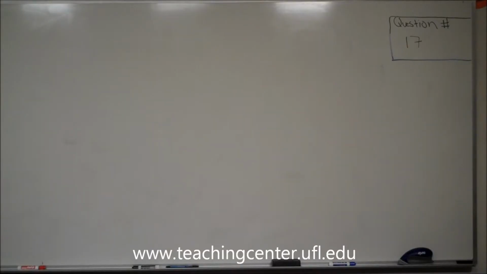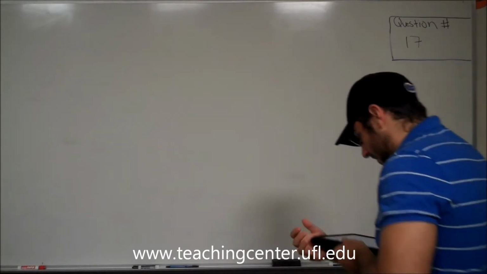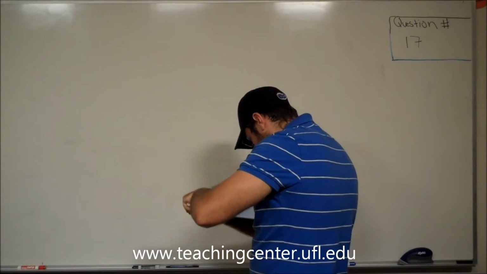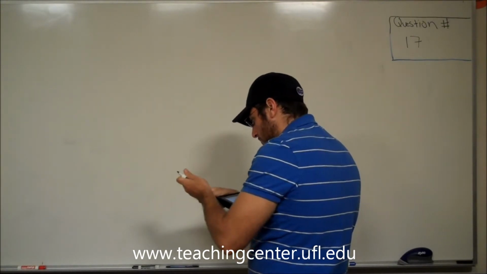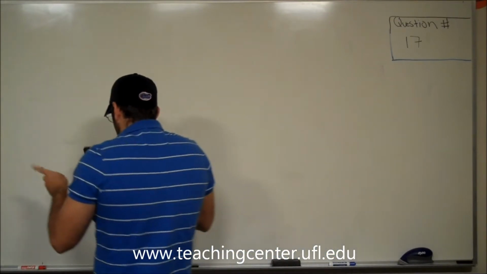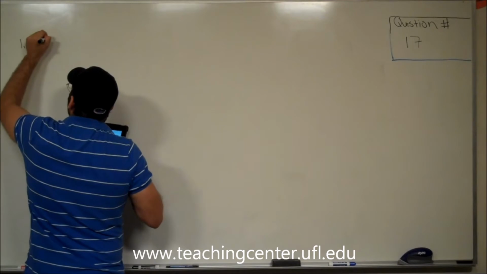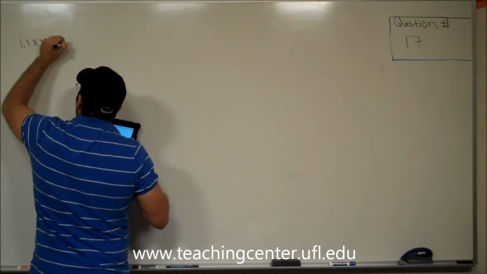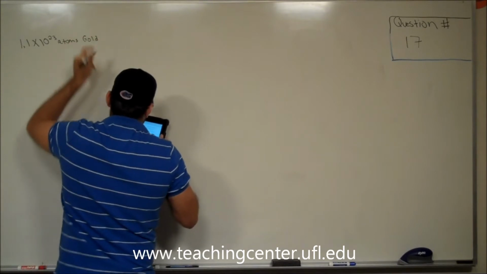So question number 17 asks us to determine which of the following samples is the heaviest. It gives us 4 different samples and tells us how many atoms each one has. First, we have 1.1 times 10 to the 23rd atoms of gold.